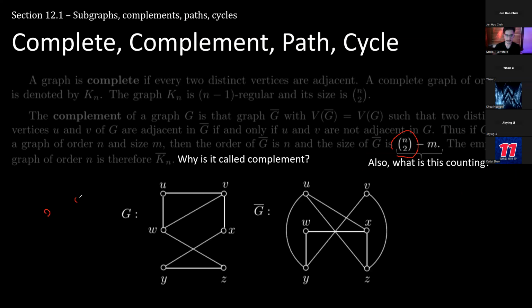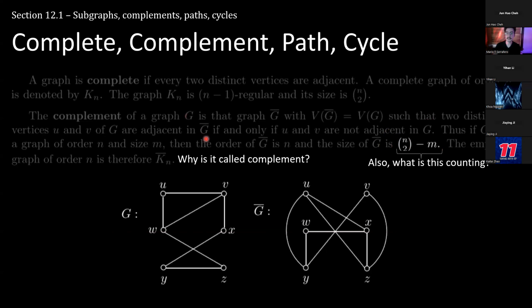Because imagine if I have 5 vertices, n choose 2 would count the ways in which I can grab 2 of these guys. And if I grab 2 of these guys, I can draw an edge. And then Koa says all the possible edges are not in the graph exactly when we take out the m, right? Because m is the number of edges in the graph. So these are all the possible edges that are not in the graph. Good job, guys.